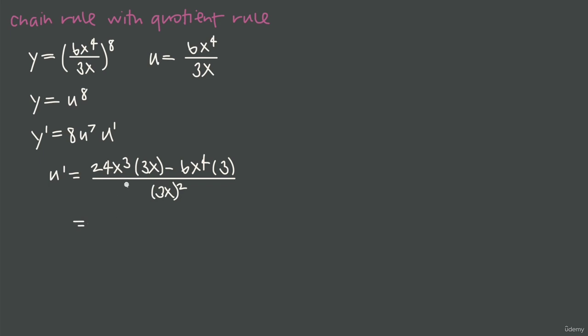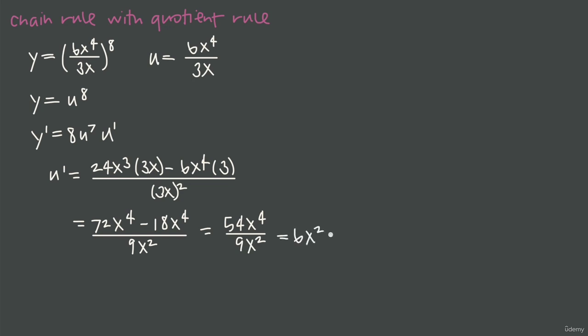So if we simplify this, 24 times 3 is 72, so we get 72x to the 4 minus 6 times 3 is 18, so 18x to the 4, all divided by 3 squared is 9, and then we get x squared. The result here, 72 minus 18, is 54, so we get 54x to the 4 over 9x squared, and we know that that is equal to 6x squared.